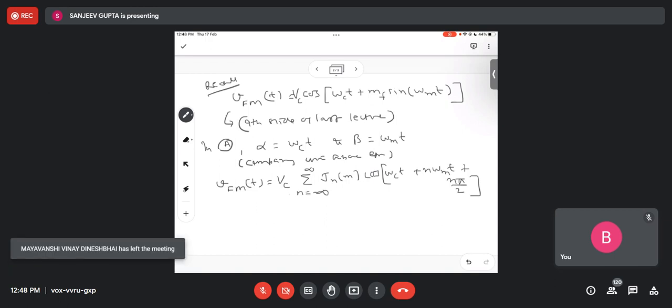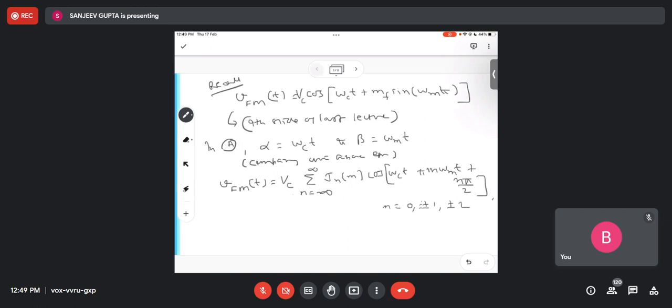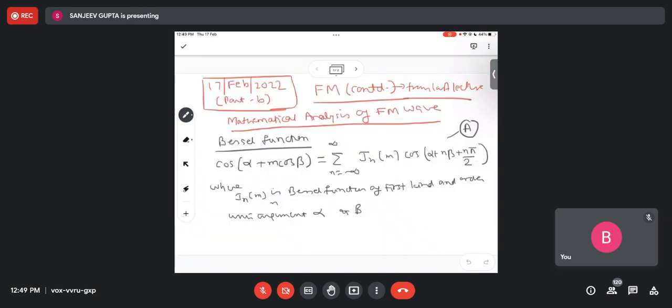I have already gone a step ahead last time, but just to make you understand, I'm going through this also, how we actually equate the Bessel function here. So this is the thing which we have got. Here n is equal to 0, plus minus 1, plus minus 2. That is the Bessel function. So again, I write here n is equal to 0, plus minus 1, plus minus 2.